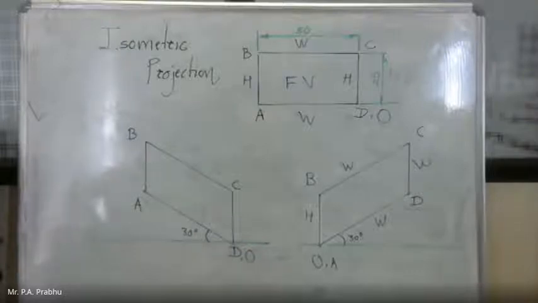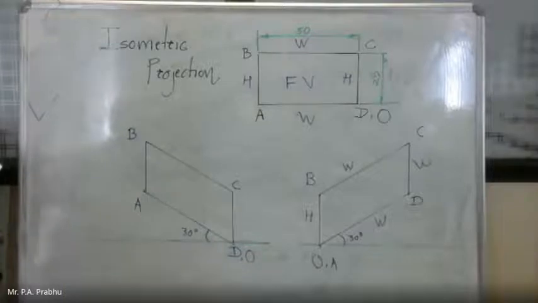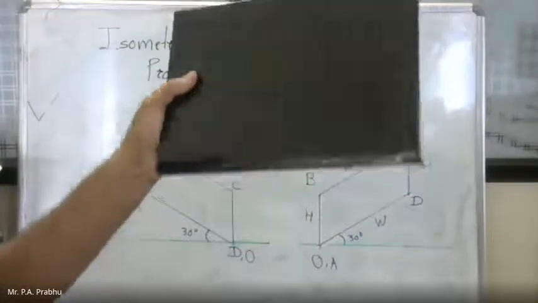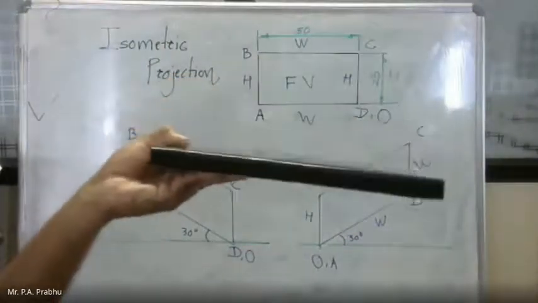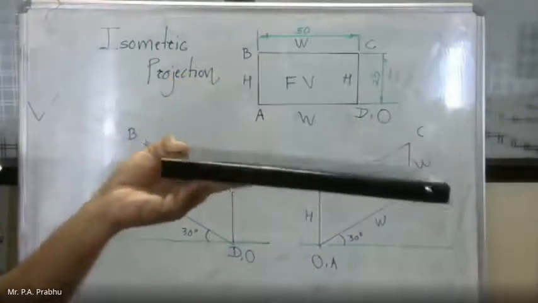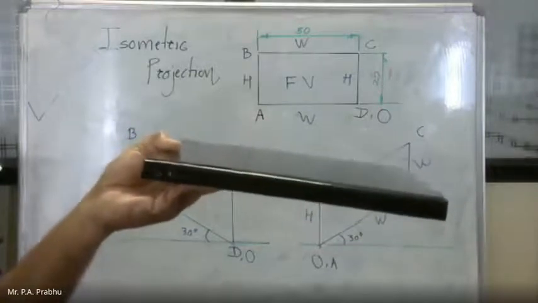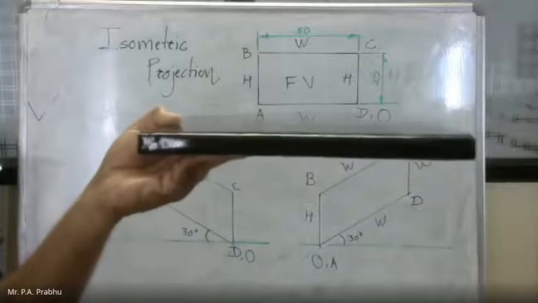Now take third example. In the first two cases we assumed this is the front view of a rectangular plane. Now we will consider the top view. The same plane is there. It is two-dimensional. It doesn't have a thickness, or we will assume a negligible thickness.